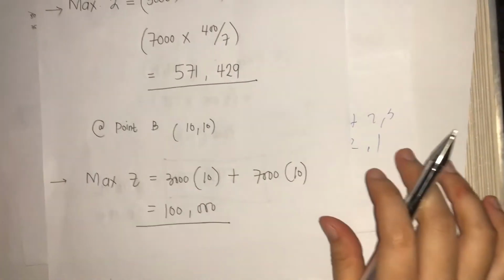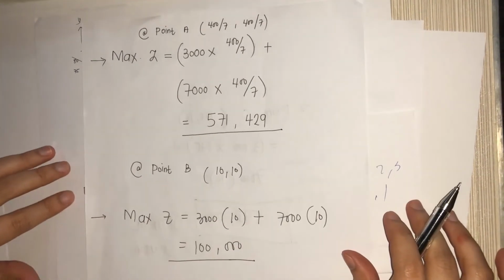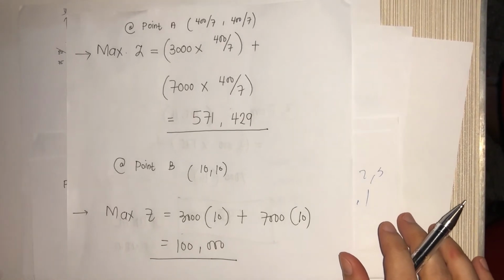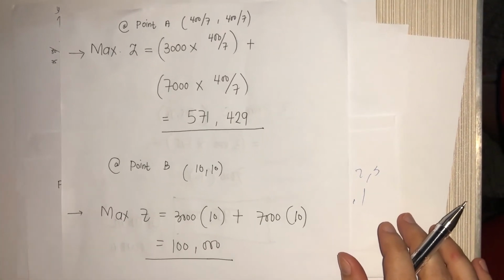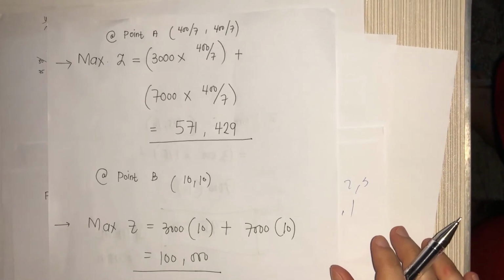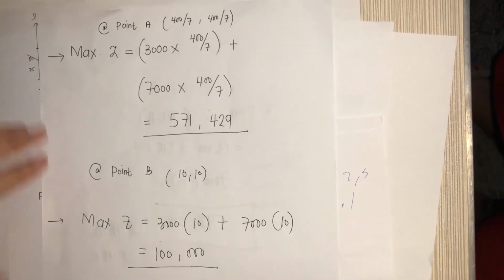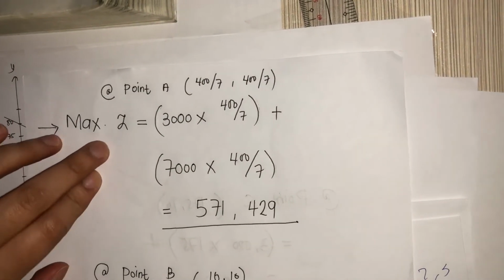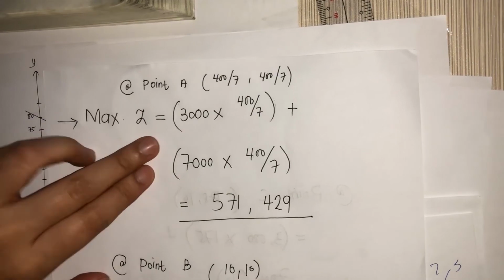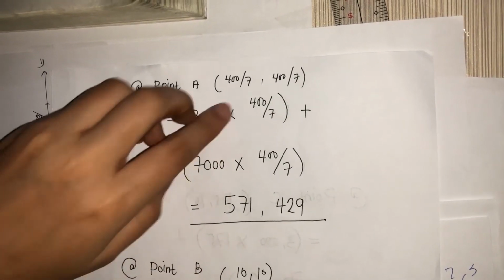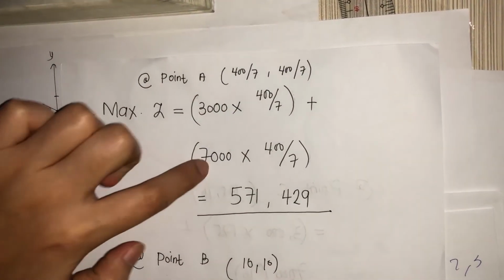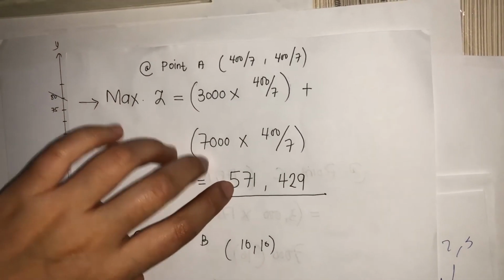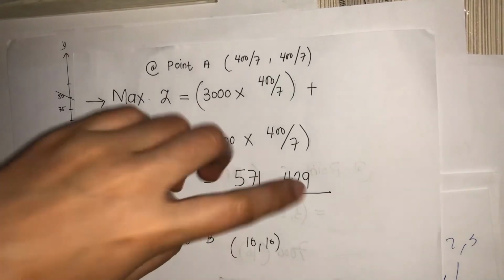Since we have obtained these values, we are going to substitute the points individually into the objective function, for point A, point B, and point C. The objective function is to maximize Z equals 3000 times 400/7 plus 7,000 times 400/7 for point A, which gives 571,429.